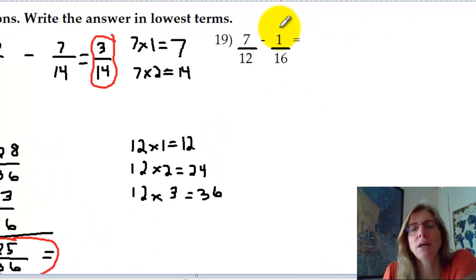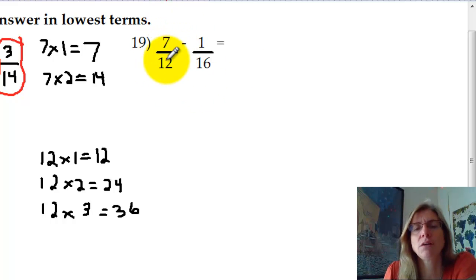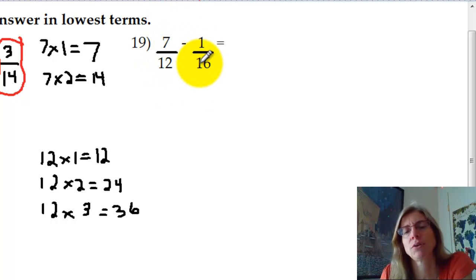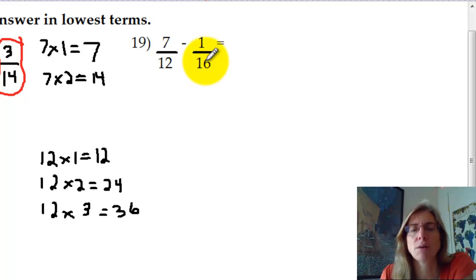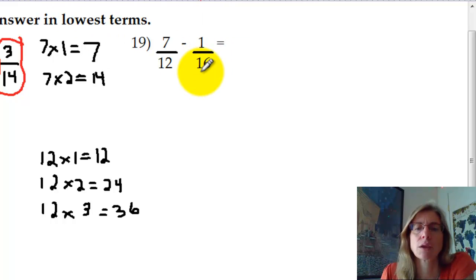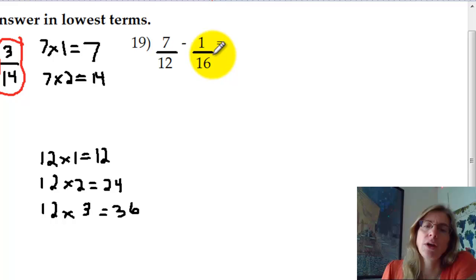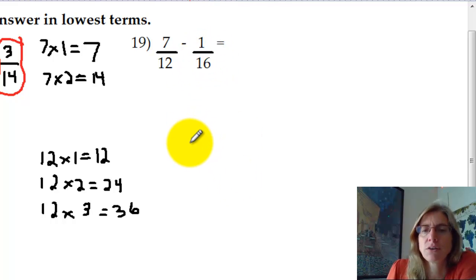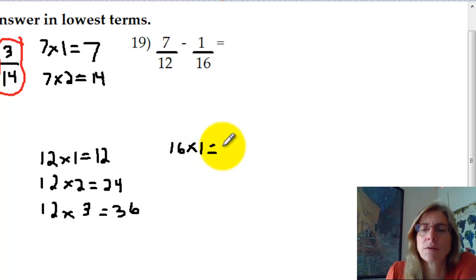So now we're looking at this problem here. It's horizontal. Regardless of whether it's horizontal or vertical, you still have to find a common denominator. So we look at the larger number 16 and start listing the multiples. I'm going to work this problem horizontally. So 16 times 1 is 16. And we ask ourselves, does 12 go into 16?